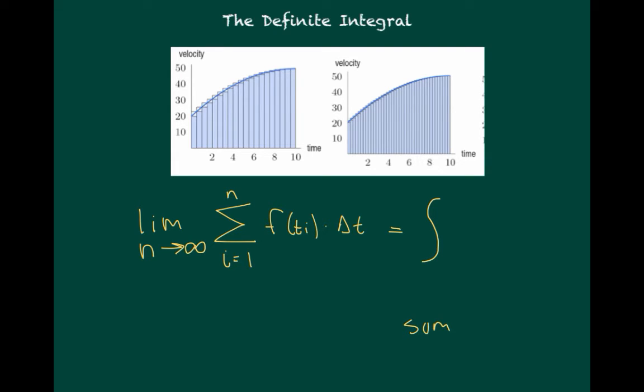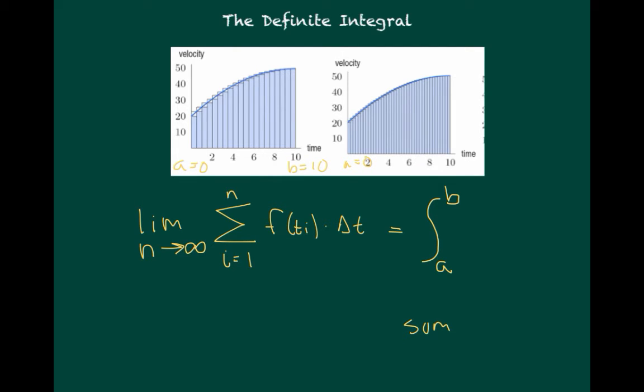But now we represent the lower limit not as i equaling 1 or i equaling 0. We just call the lower limit a. The upper limit, instead of n or n minus 1, is represented as b. So we could say that a equaled 0 here and b equaled 10 for both of these examples.